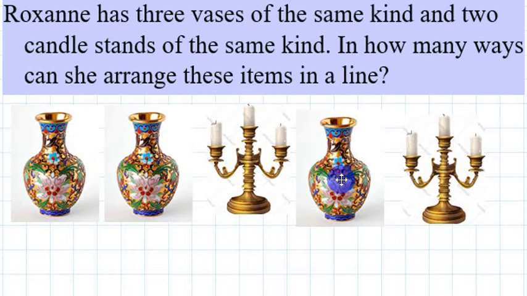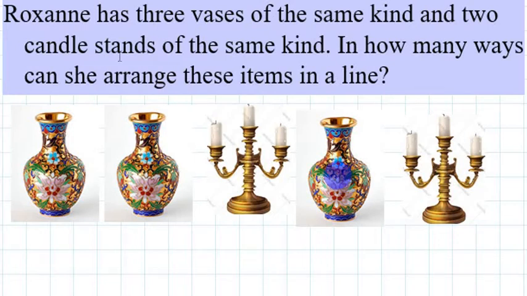Well, no. Obviously, it's exactly the same thing. The vases are of the same kind. So when we interchange the vases themselves, it's like there's no use. It's just the same arrangement. This is the problem when we have repeating objects or objects that are not distinct.